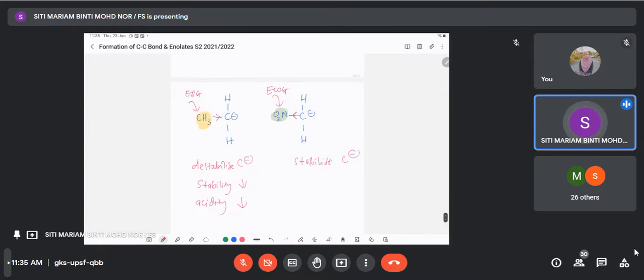On the other hand, if you have an EWG group, it stabilizes the carbanion, meaning the stability of your carbanion also increases and the acidity of the proton abstracted by the base also increases. So that's the explanation.